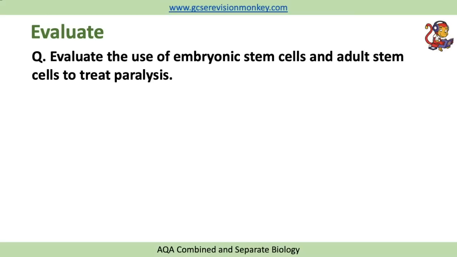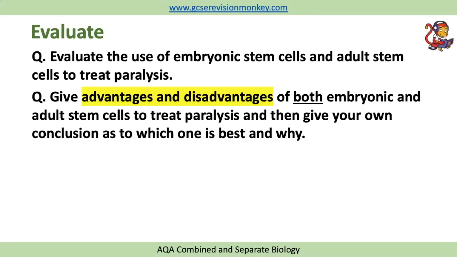So what that word evaluate actually means, but they don't tell you, is give advantages and disadvantages of both embryonic and adult stem cells to treat paralysis, and then give your own conclusion as to which one is best and why. They don't write it like that because it's too wordy, so instead they use the word evaluate.